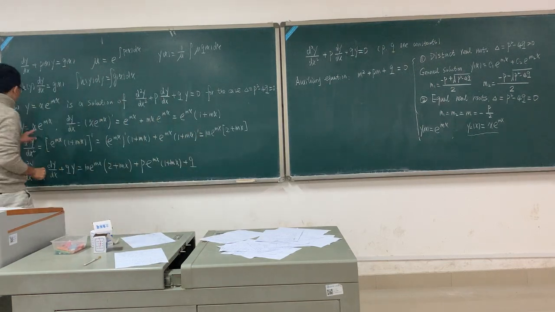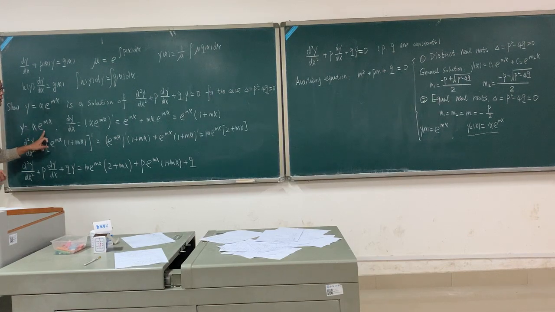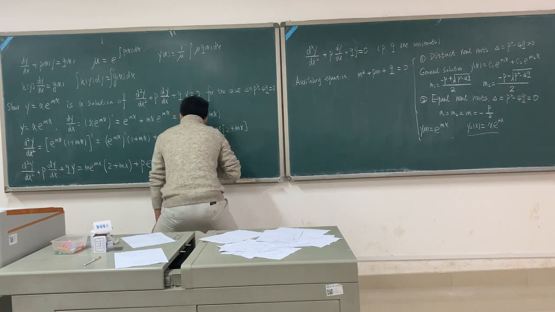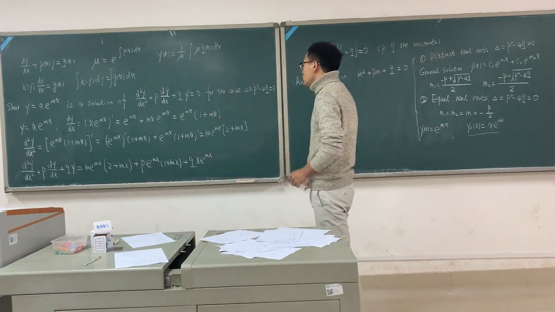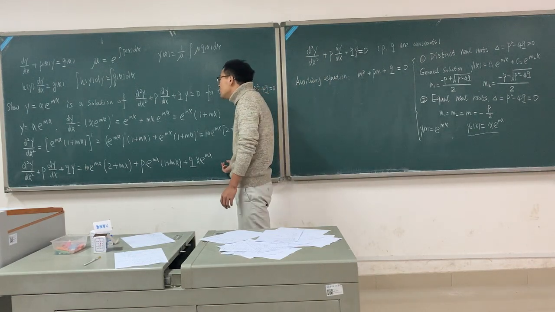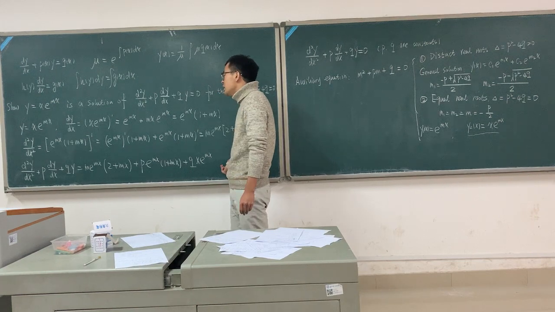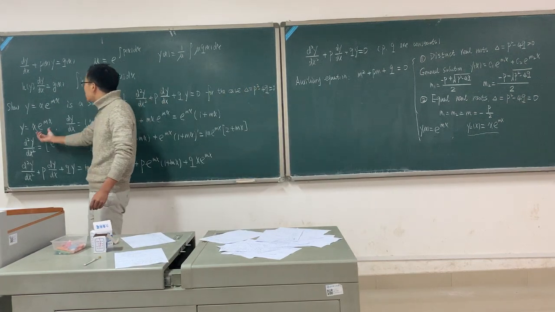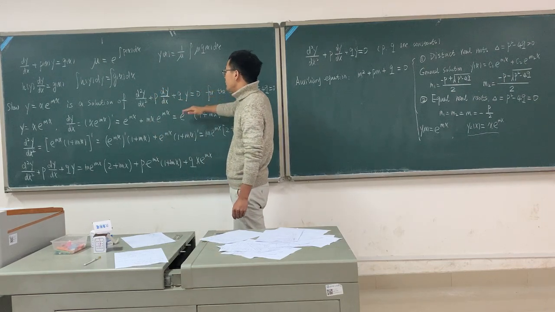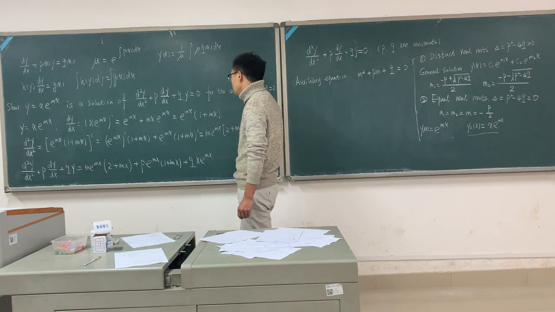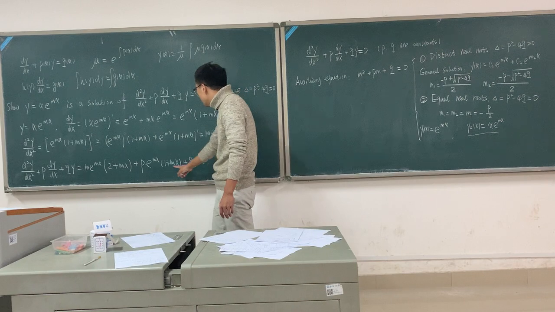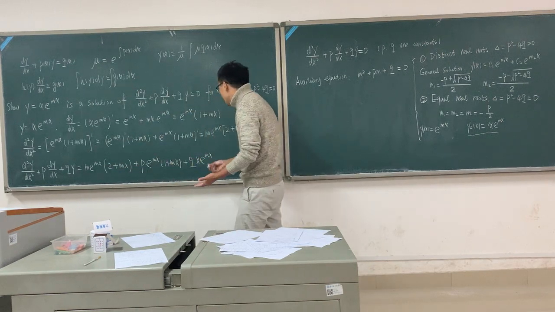y is x times e^(mx), so here is q times x e^(mx). Now we need to see whether this equals 0. If it equals 0, then this function is a solution of the second order differential equation. It's easy to see we can take out the e^(mx).